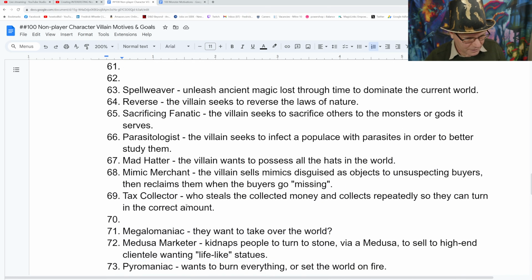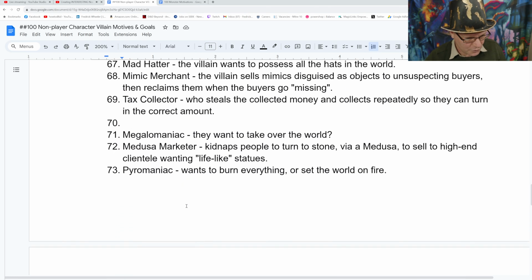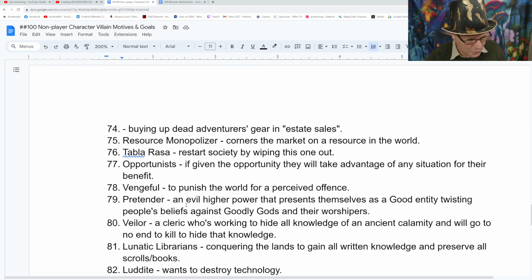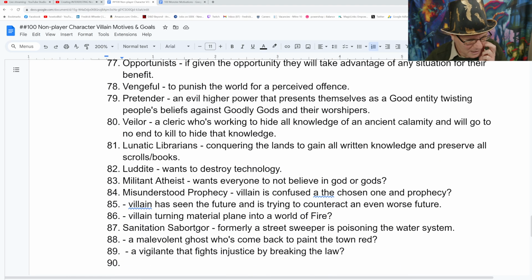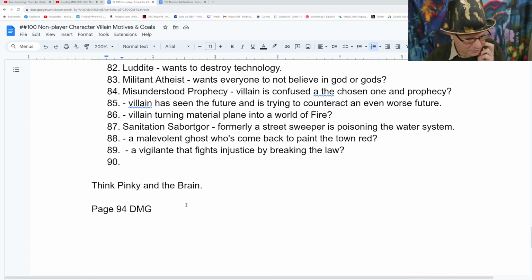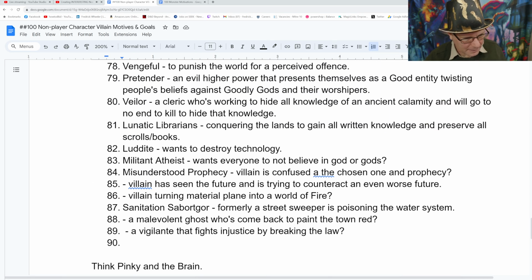Wish, reverse, stow, pretender, lunacy, misunderstood prophecy. Don't get too excited. Don't see the word 90 and think, oh, we've only got 10 left. It's not quite like that. We're actually a little bit further off than that.